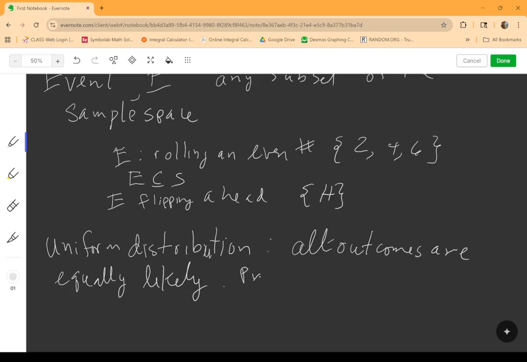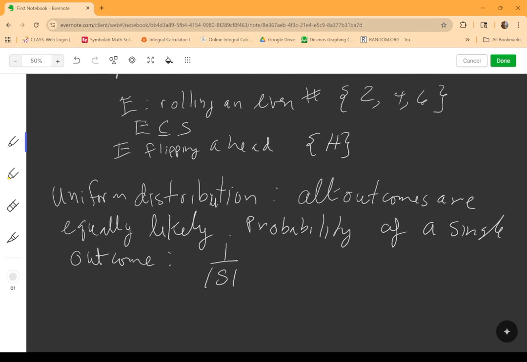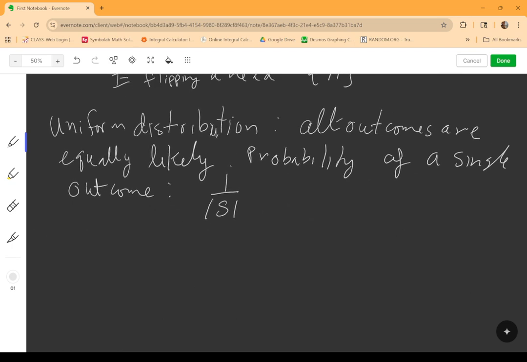Then the probability of a single outcome is 1 over the size of the sample space. And here is where being able to count the sample space will come in handy. We also want to count E as well. So that is the uniform distribution, which we will assume here.